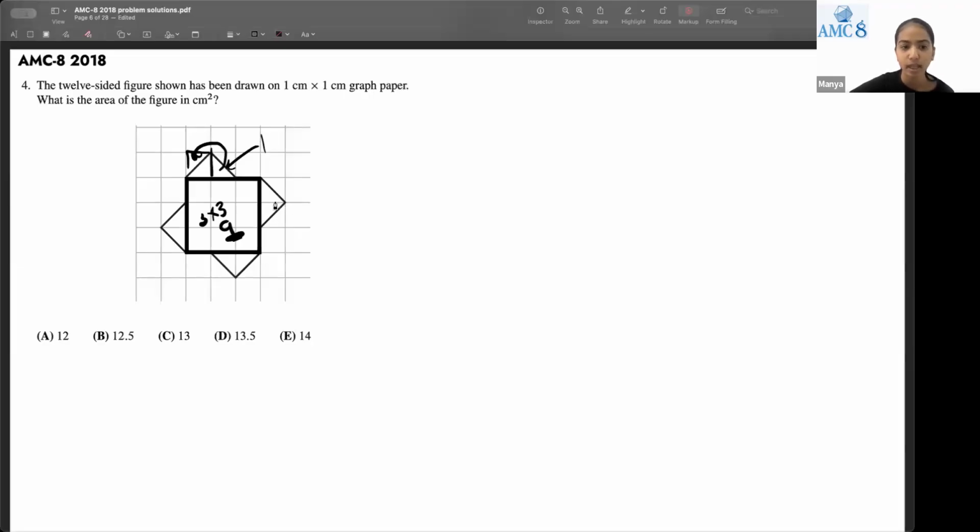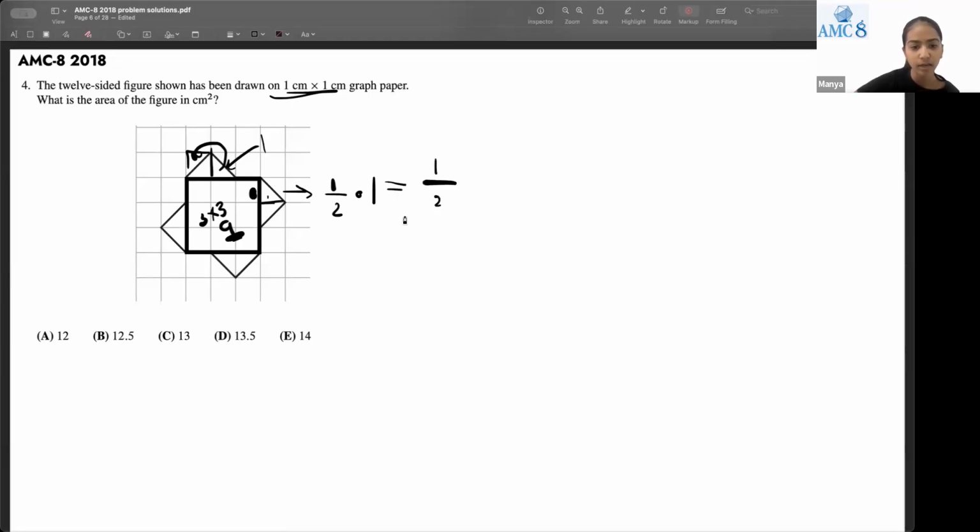Another way you can solve this is that there's going to be 1 over here. This part is going to be 1 because they told us that it's 1 centimeter by 1 centimeter. That means the height is also equal to 1, since it's a 1 centimeter by 1 centimeter square. So this side is also equal to 1. Then we can do 1 half times base times height, which is 1 half times 1, because 1 times 1 is 1. 1 half times 1 is just 1 half.